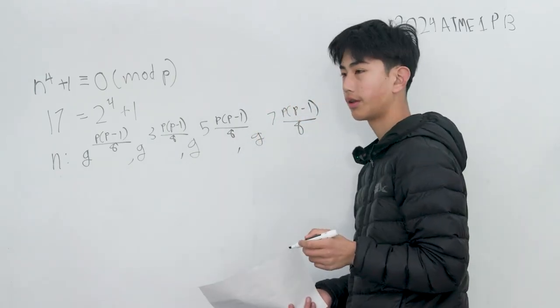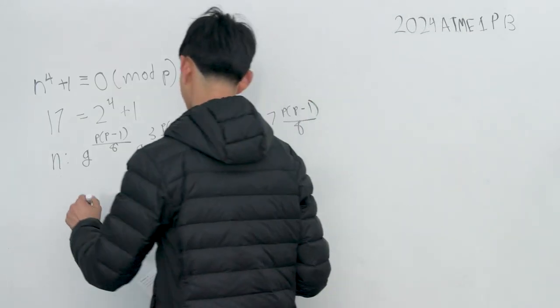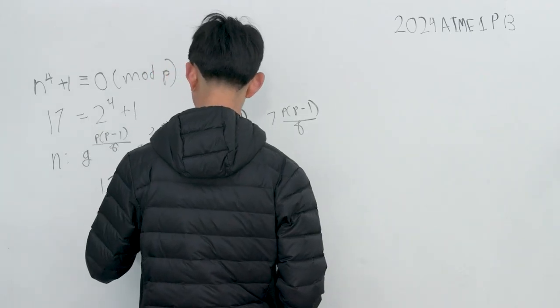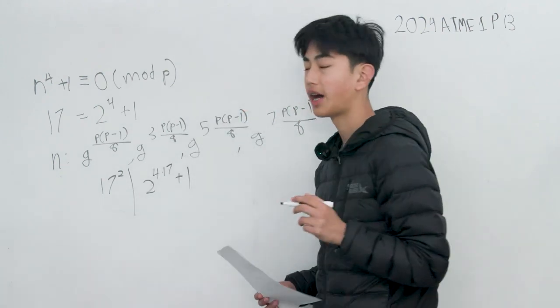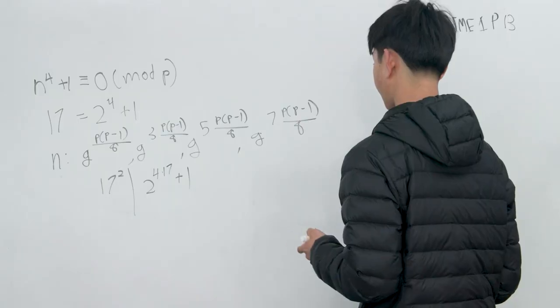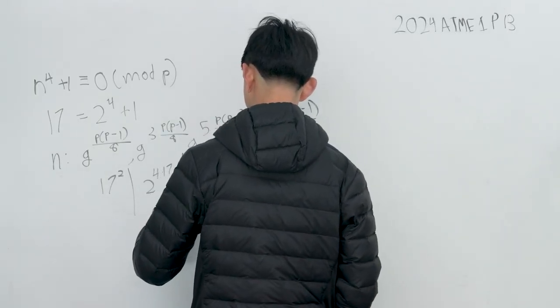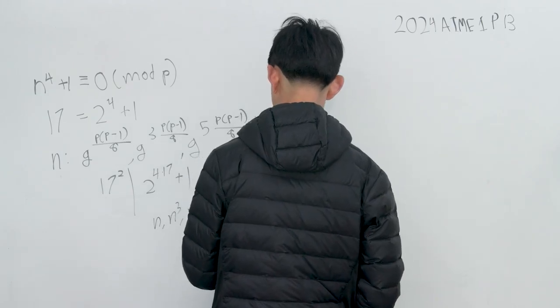Here, for this to work, 17 squared has to divide 2 to the power of 4 times 17 plus 1 by LTE. Therefore, the values of n working for this are n cubed, n to the power of 5, and n to the power of 7.